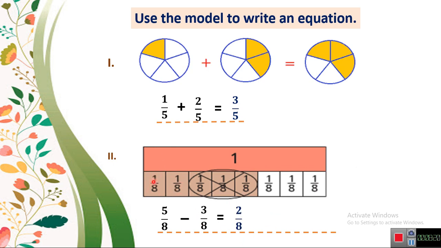Is it correct? Yes. So this is an equation for this model where you remove or minus or subtract the number of parts. And this is an equation where you add the number of parts in a fraction.